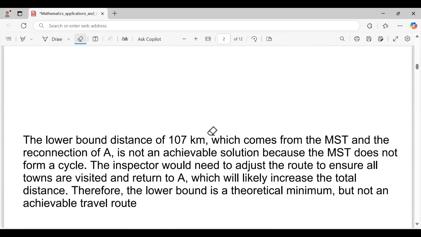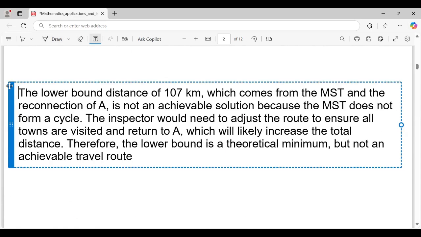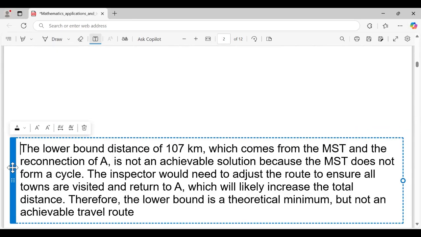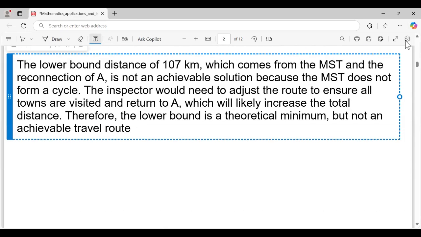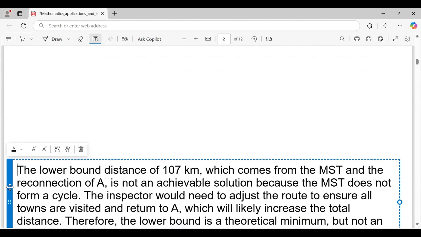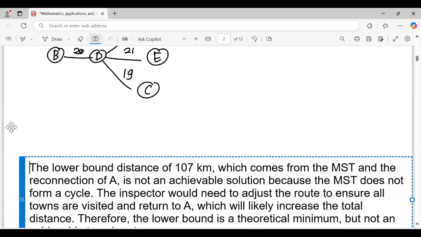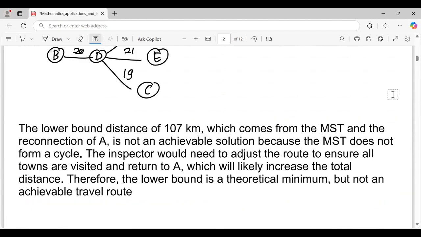So you may copy or you may add something to this explanation based on your version. I have provided this explanation based on my version. So this is number 4.